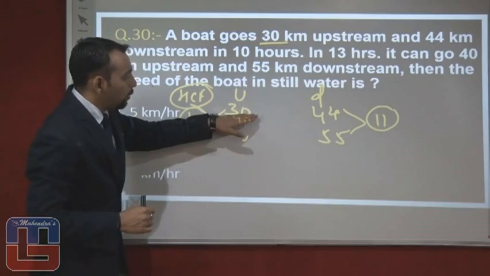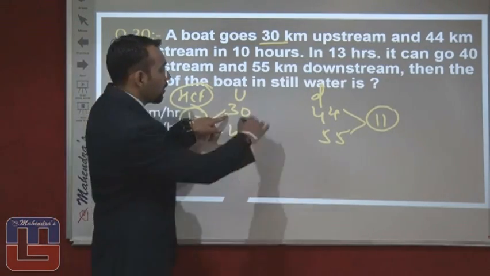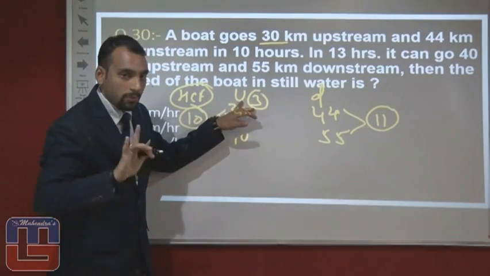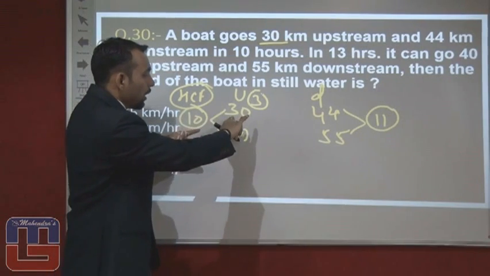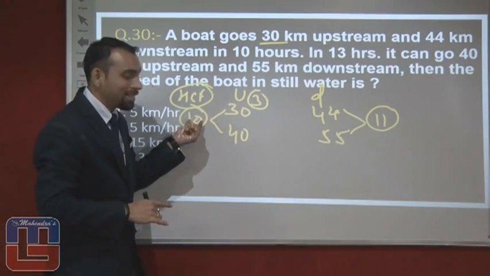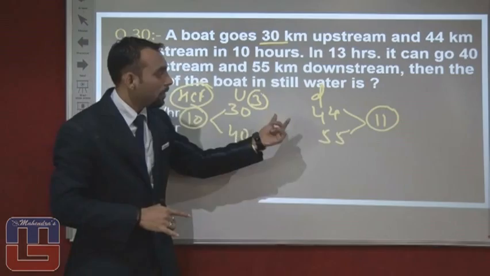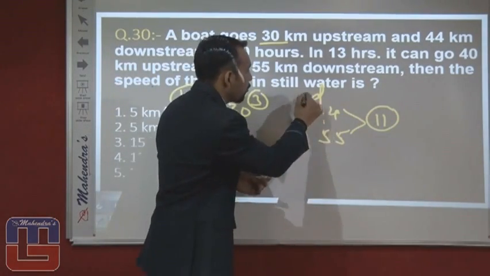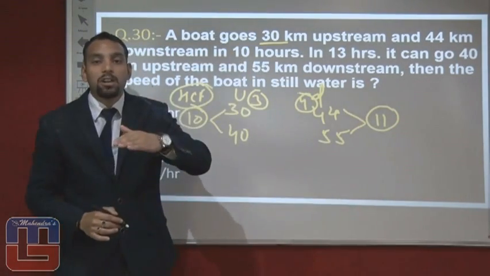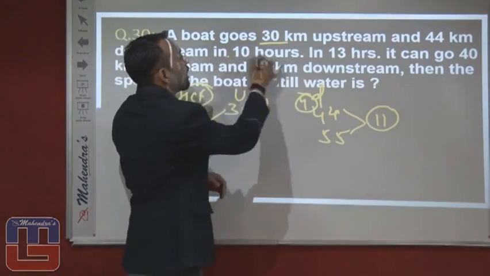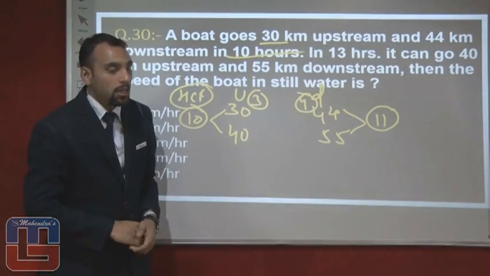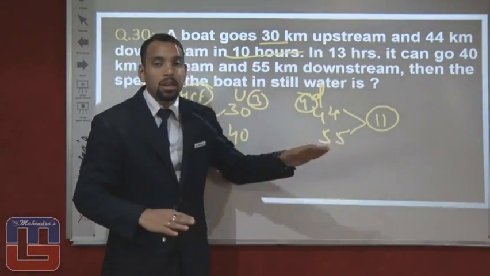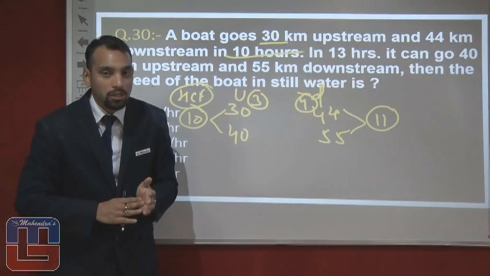Now see, 30 km at speed 10 means 3 hours. And 44 divided by 11 is 4, which is equal to 7 hours in total, but here the time is 10 hours. That means this 10 and 11 do not satisfy the condition.